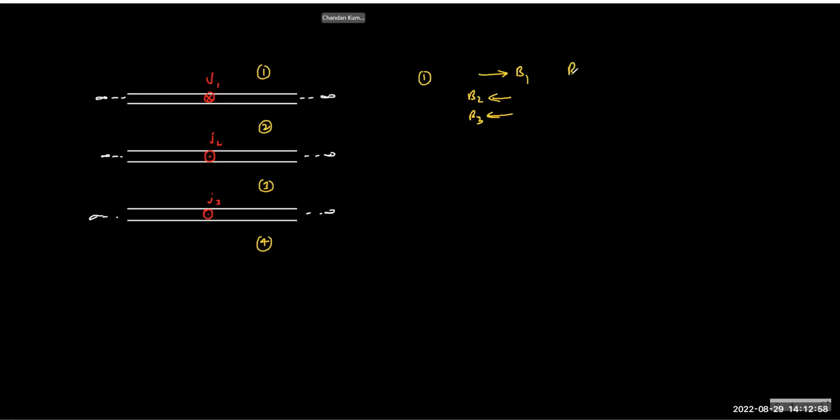So the B net at 1 will be B1 minus B2 minus B3, right? Yes, sir. And I'm taking the right as positive. And the formula will be mu naught by 2 times J1 minus J2 minus J3. Okay. Similarly, you can do it for 2 or 3 and 4.